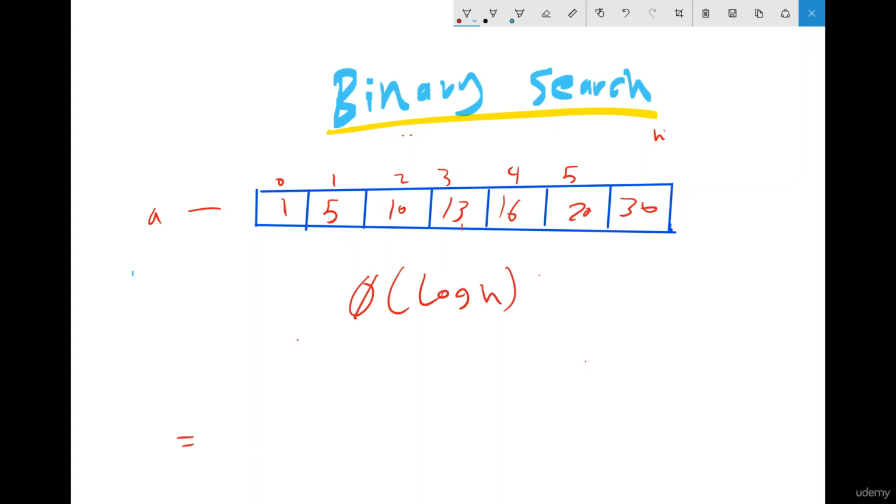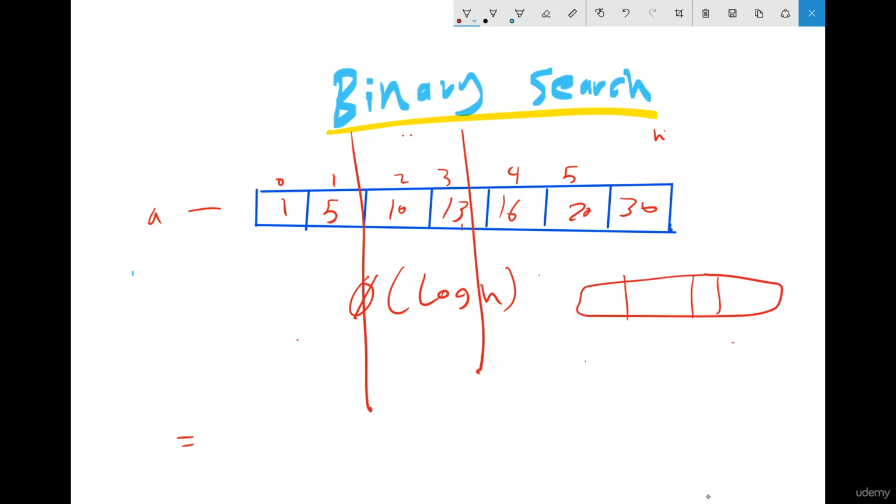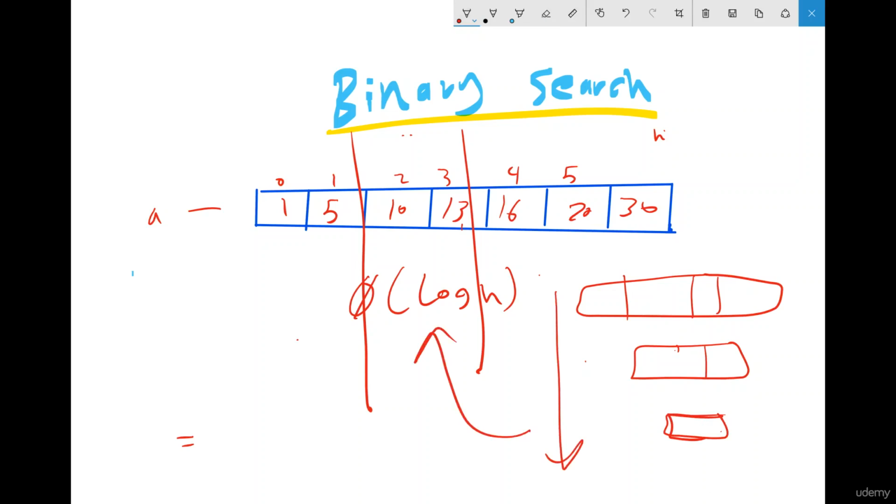First, you reduce to the middle. Second, to the middle again. For example, if you search in 4 elements, the second time you will search in 2 elements. The third time you'll search in 1 element. Is that right? Yes, that's right, because this is how this algorithm works. Whenever you see this case, you would say this one takes log n.